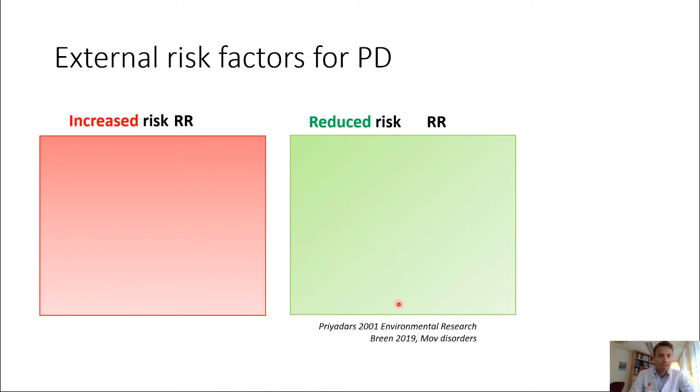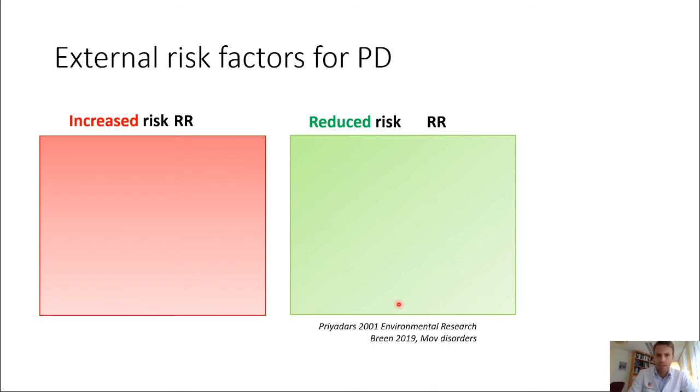So what are risk factors that are known for the development of PD? If you look at external risk factors, there have been many studies, and a lot can be said about the quality of the studies because you have to have very large groups. There's always some sort of publication bias or inclusion bias, but there are certain things that can be said about the increased risk of PD.